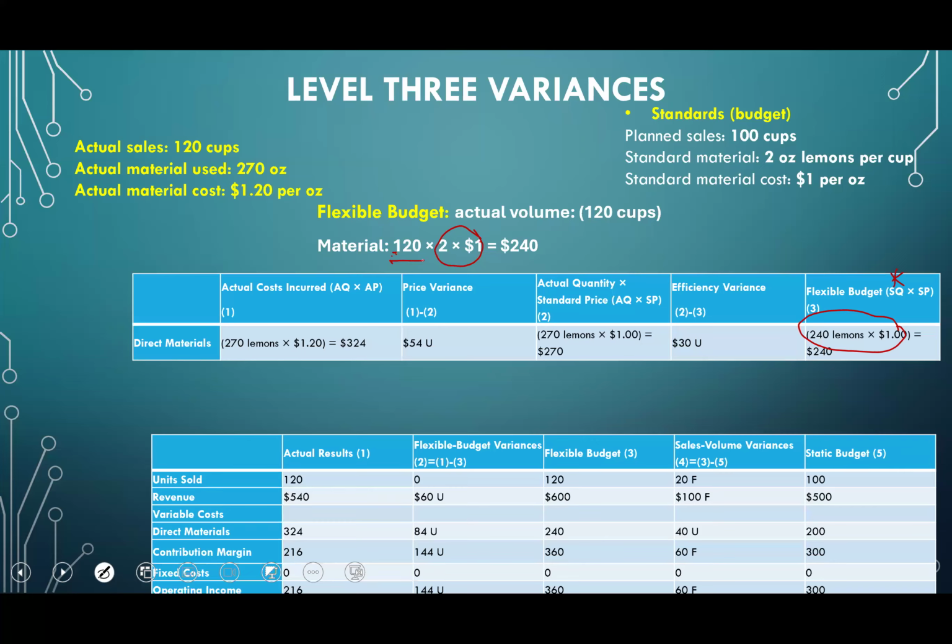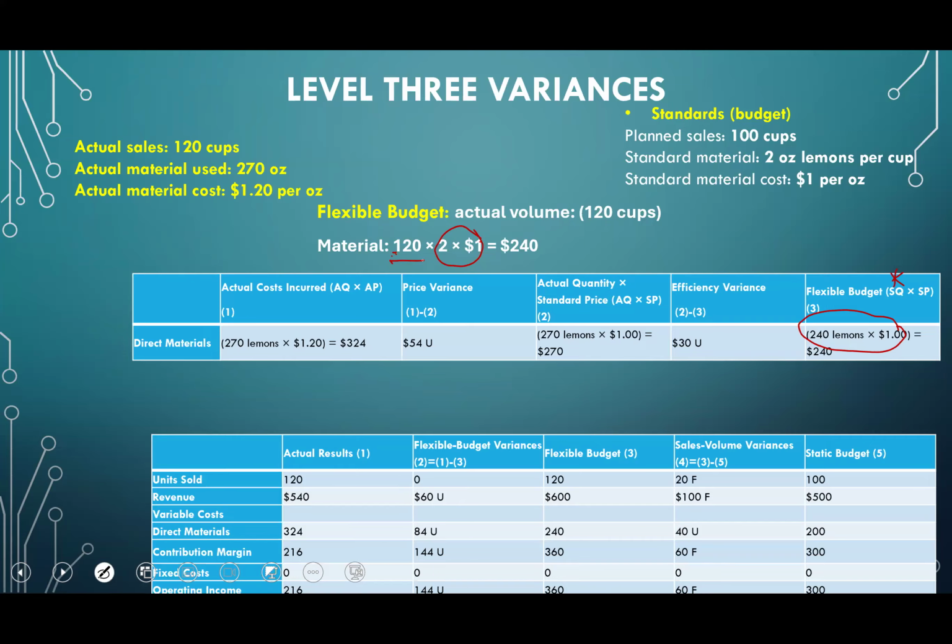So this is the only hybrid number that we are using, and therefore the calculation of the flexible budget number in the last column, which we are calling column 3, is the most important thing. So we have to do this in order to isolate our causes.